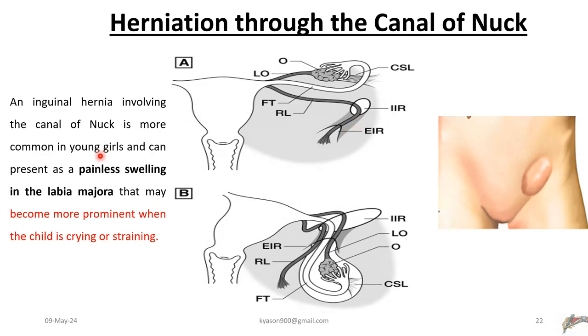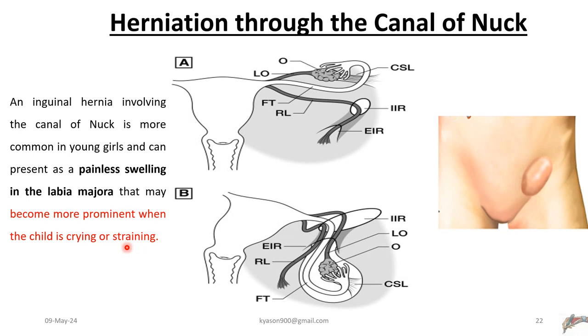And these young girls are going to present with painless swelling around the groin or in the labia majora, and that swelling is going to be prominent when these girls cry or strain or chronically cough.